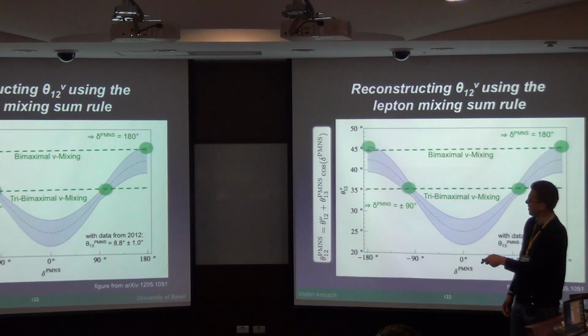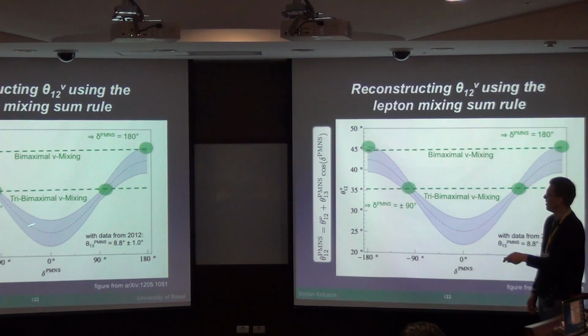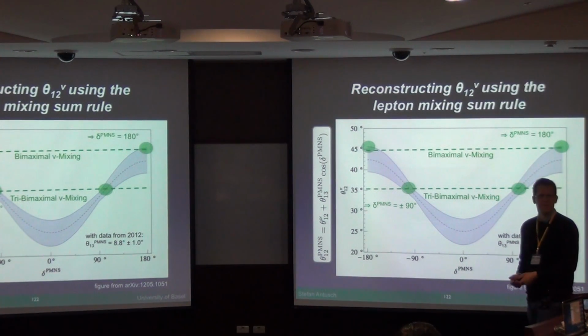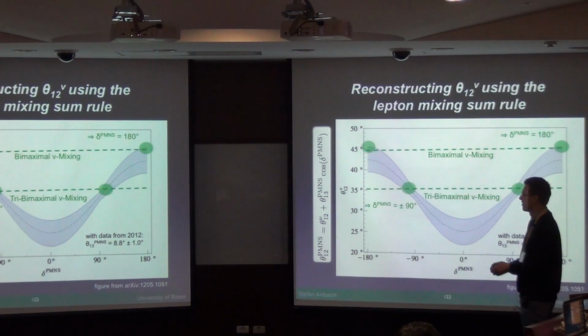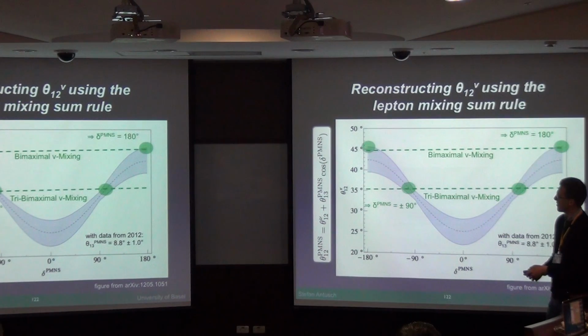And for 90 and 270, or minus 90 degrees, you would get the trimaximal mixing value. And if you measured something around 0, that would basically exclude both of these possibilities. So you can nicely test this hypothesis that you have some underlying bimaximal or trimaximal mixing.